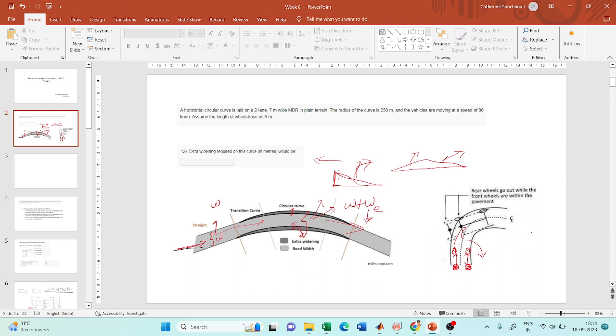If you see in this figure, this is a straight section, and if my vehicle is in this straight section, consider this as the wheels on the rear end and this as the wheels on the front end. On a straight section, the wheels on the rear end will exactly follow the path of the wheels on the front end, because the vehicle is exactly behind.